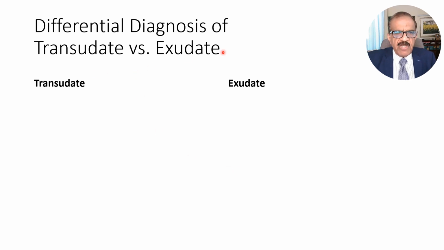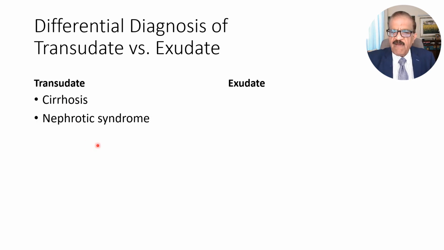Now, differential diagnosis of transudates versus exudates. Among the causes of transudate, we have cirrhosis on the top. That is our subject of discussion for today. But we also have nephrotic syndrome. In nephrotic syndrome, there is severe hypoproteinemia because protein is lost in the urine. So hypoproteinemia will lead to reduction in oncotic pressure, and there will be a transudate.